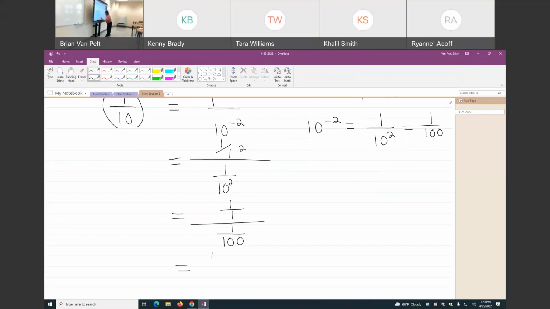You have a fraction divided by a fraction. How do you work it? You turn the bottom fraction upside down. Multiply. That's a lot of work for that.